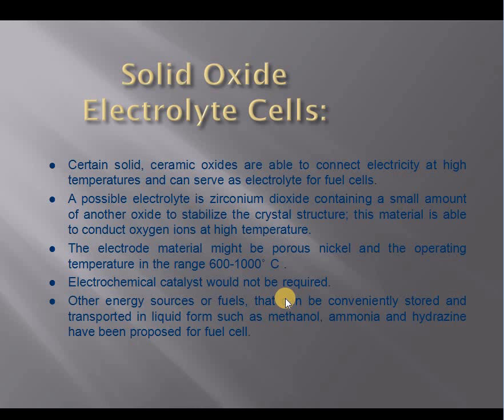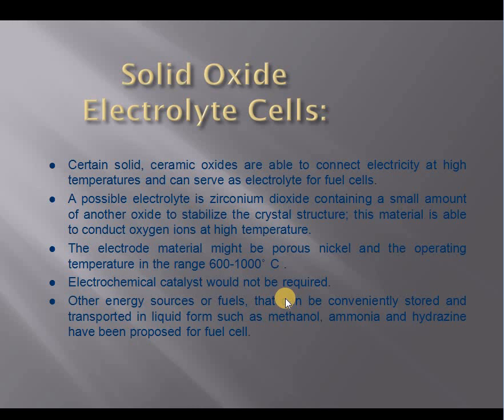The next is our solid oxide electrolyte cell. Solid oxide electrolyte cells are solid ceramic oxide cells which produce electricity at high temperatures and can serve as electrolytes for fuel cells.